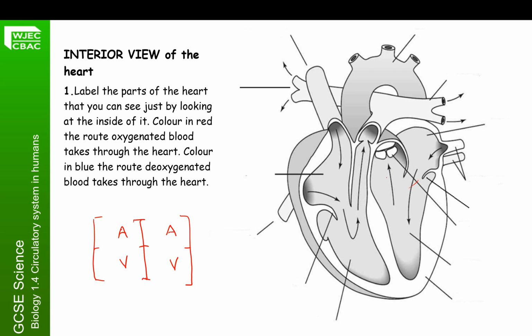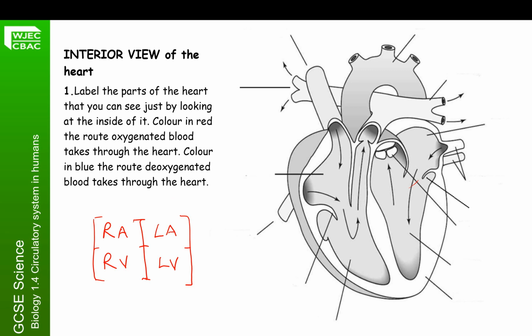Imagine that heart was actually in your chest, in your body, okay? And that would be on your left-hand side. So this side of the box, I'm going to put LA for left atrium, and this side of the box, LV, left ventricle. So if this is the left-hand side, the other side is right atrium and right ventricle, okay?